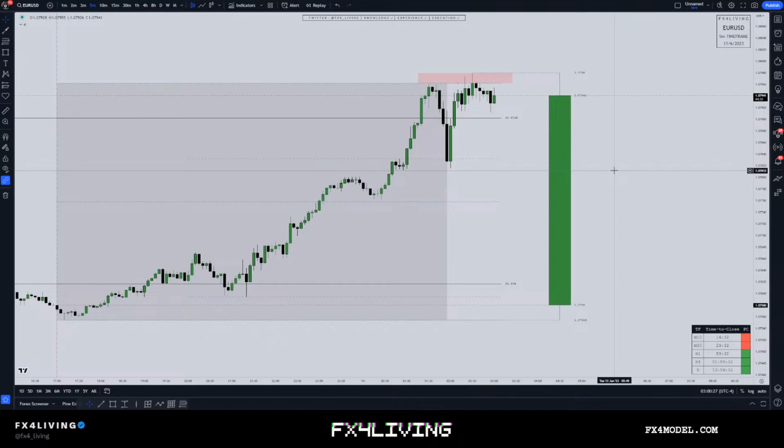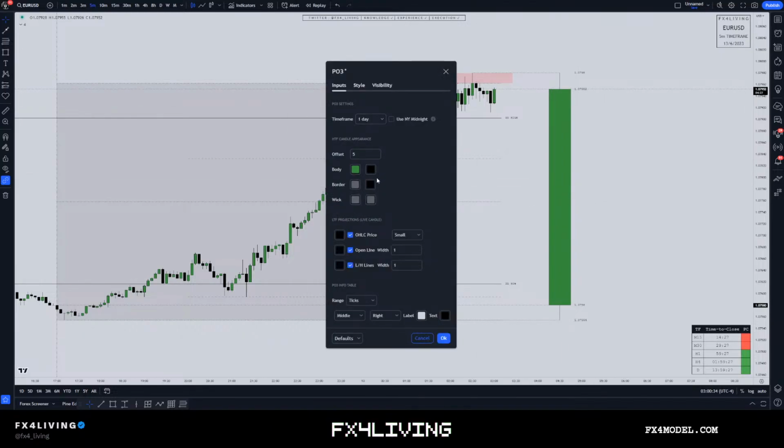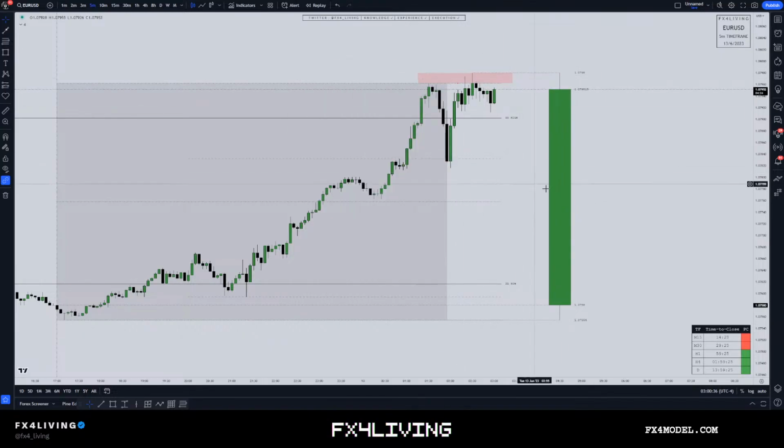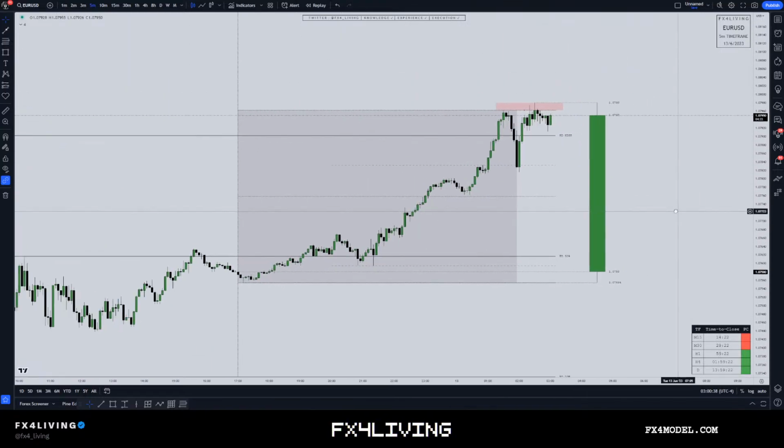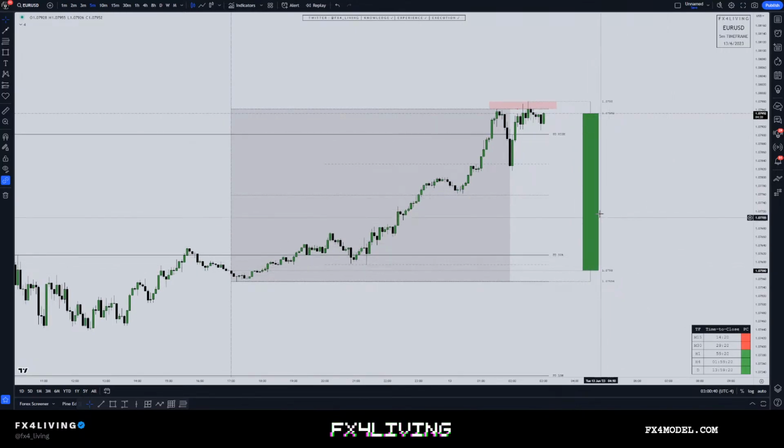But X4, what is the candle indicator on your screen? This is the daily candle that I show on my screen all the time, because I want to see where the daily candle goes. So I can find a setup on the lower time frame that fits the direction of my higher candle.